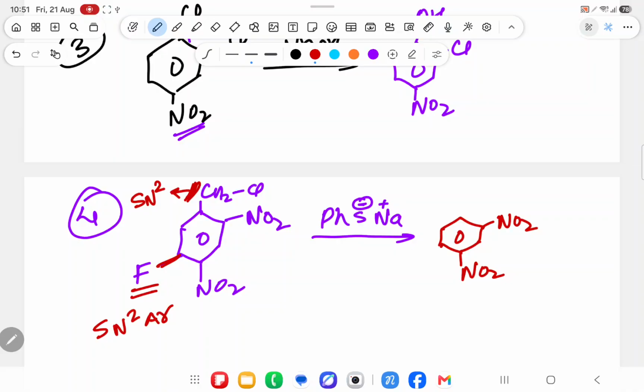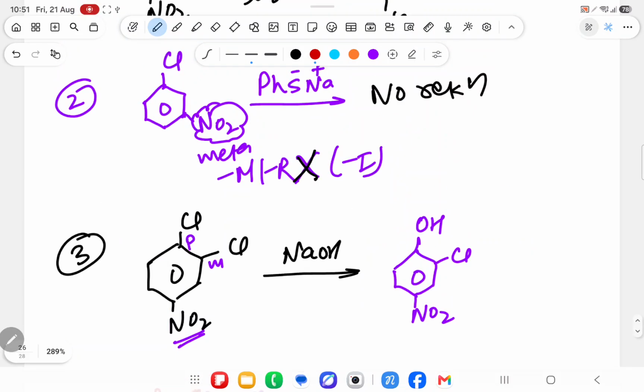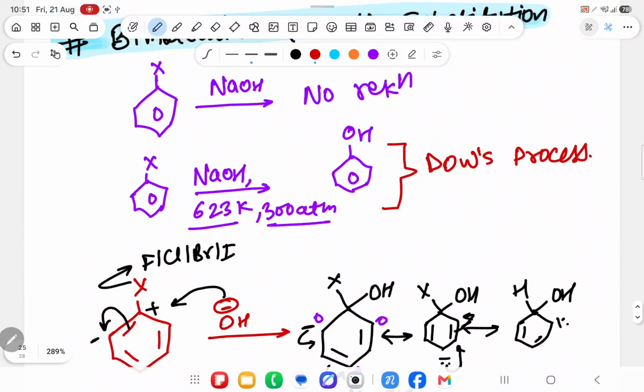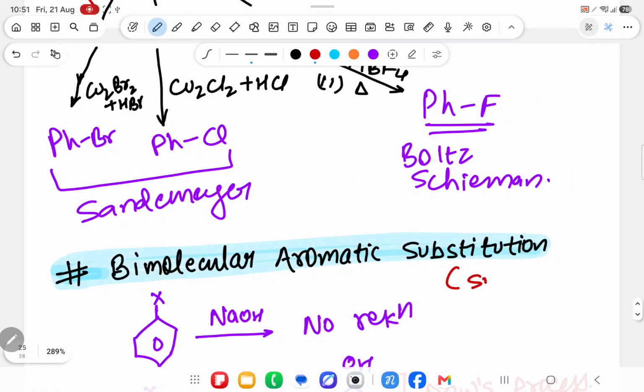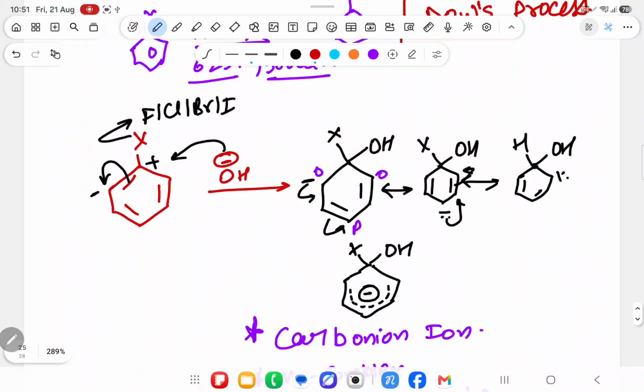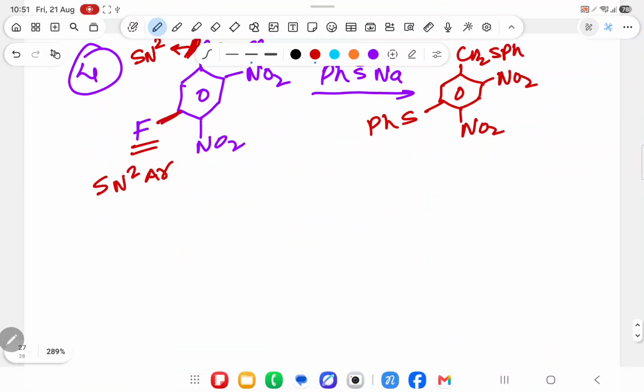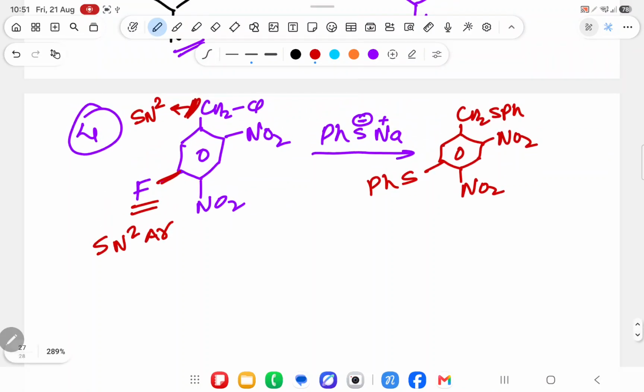At this place SPh will attach, and at this place CH2SPh will attach. The bottom side is bimolecular aromatic substitution, that means SNAr. On the bottom side the benzene ring is directly attached, so it will do SNAr. On the top side the benzene ring is not directly attached, so it will do SN2.